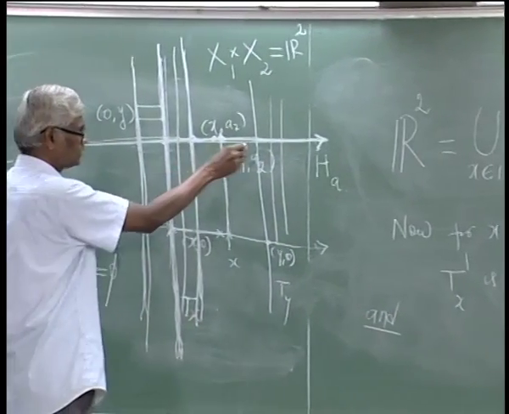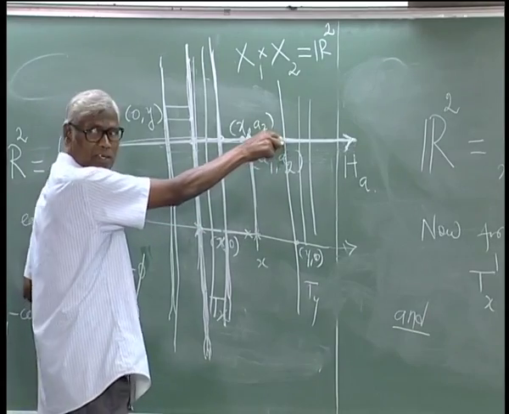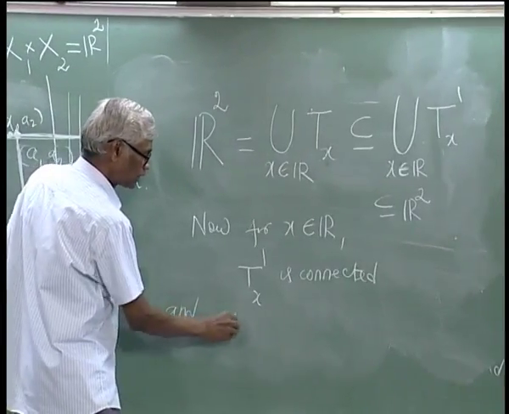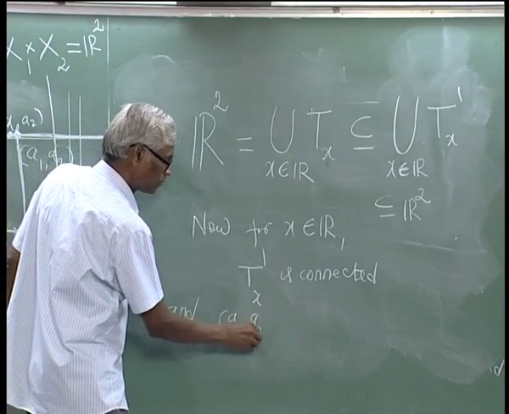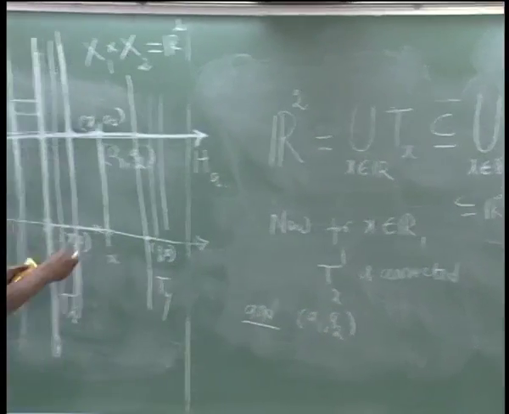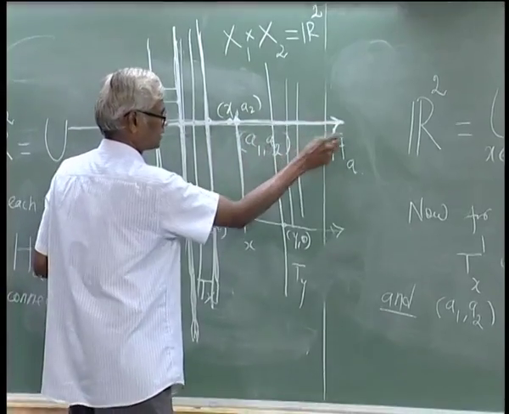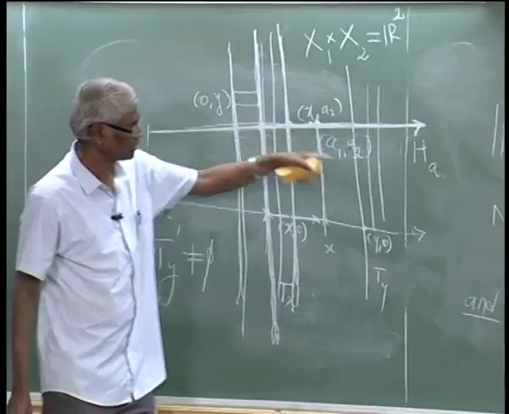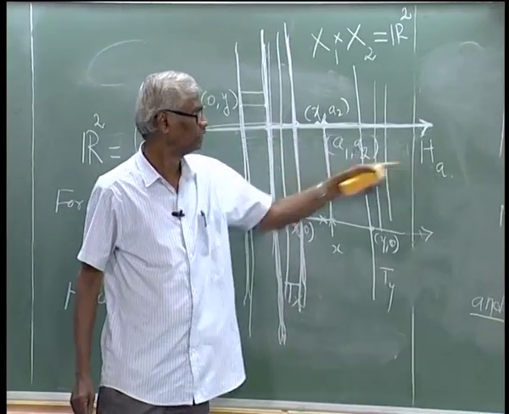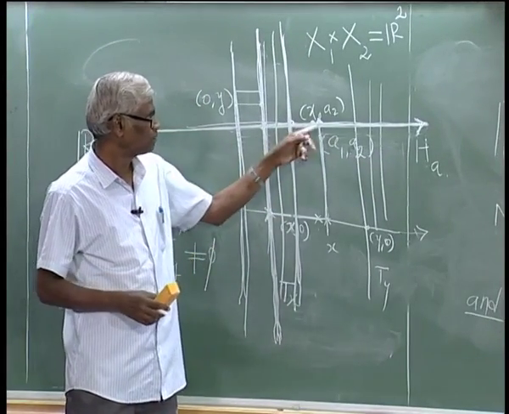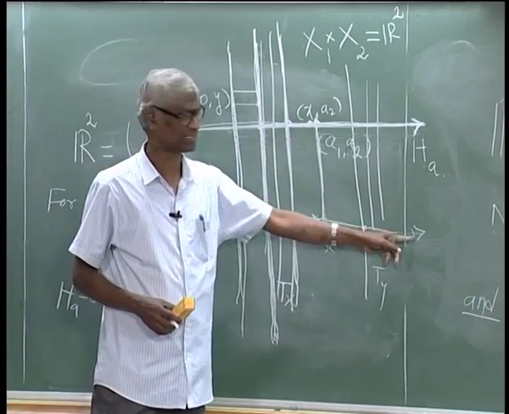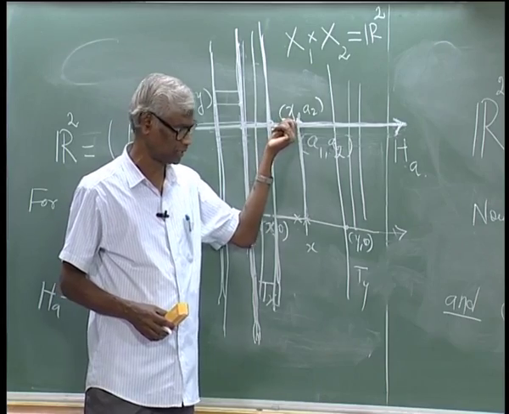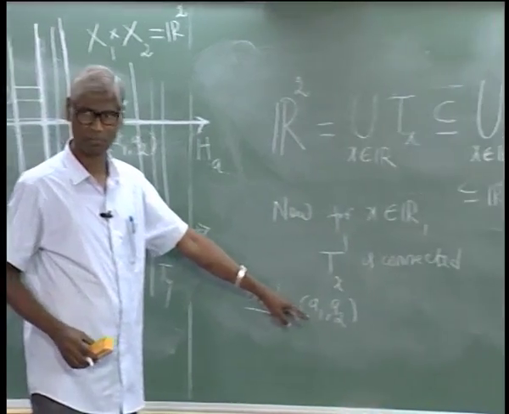This is because the ordered pair (A1, A2), which we denoted by A, is in the fixed horizontal line H_A, the line parallel to the x axis and passing through the ordered pair (A1, A2), which we fixed in the beginning.